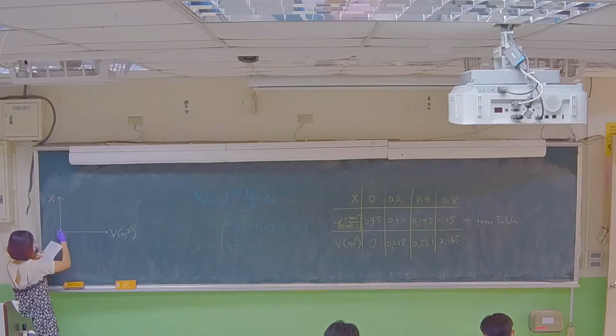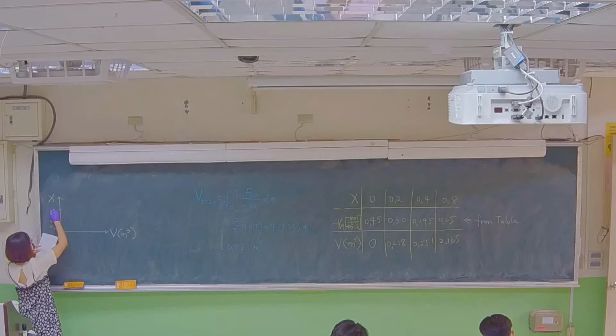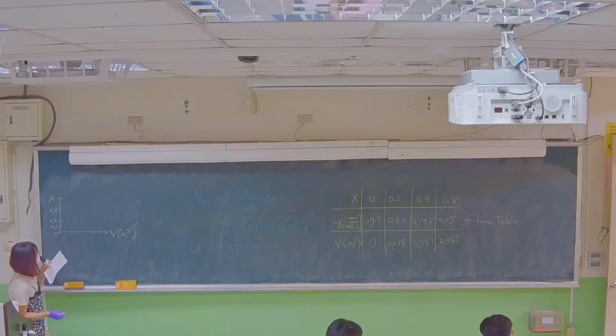Okay, so you have conversion 0, 0.2, 0.4, and 0.8. 0, right?